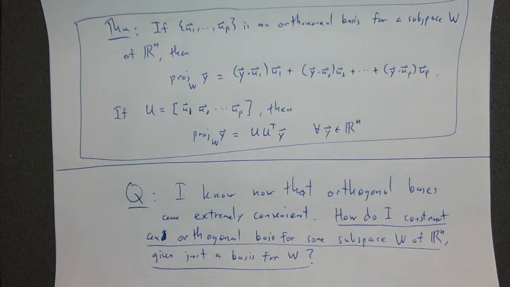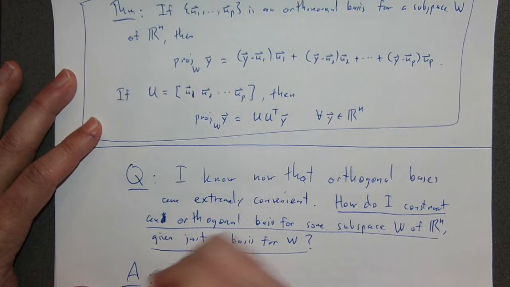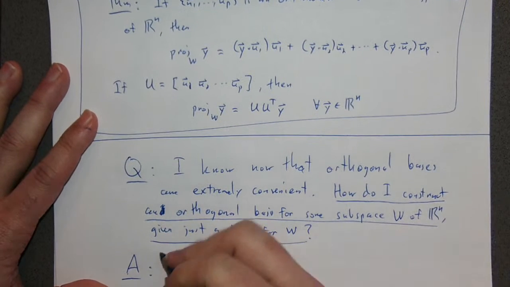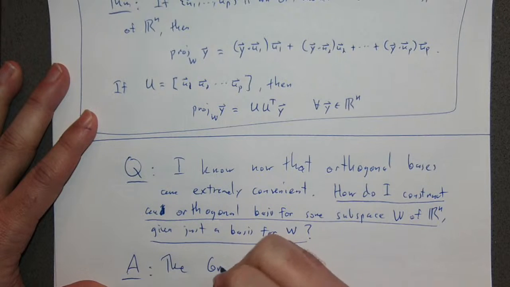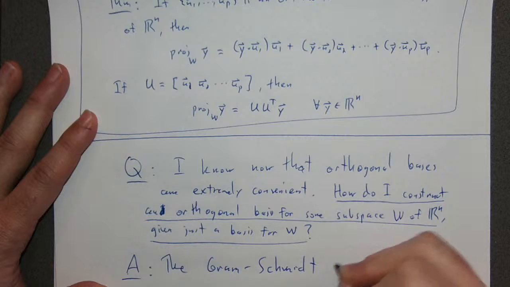So how would I construct an orthogonal basis for a subspace in this way? Well, the answer is the Gram-Schmidt process.